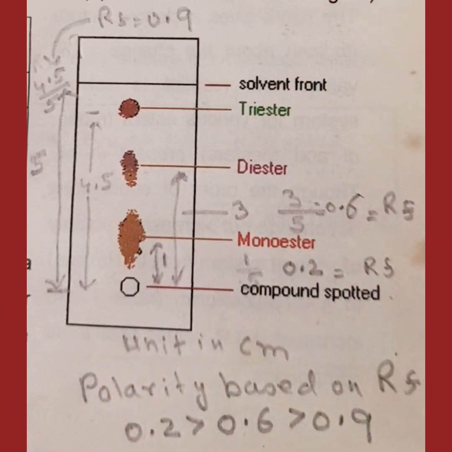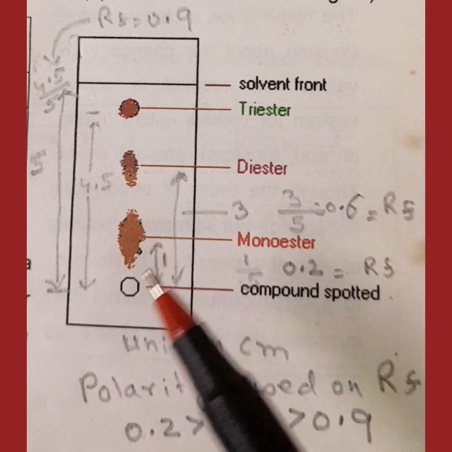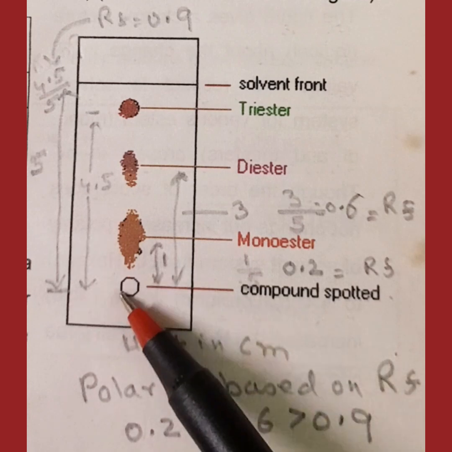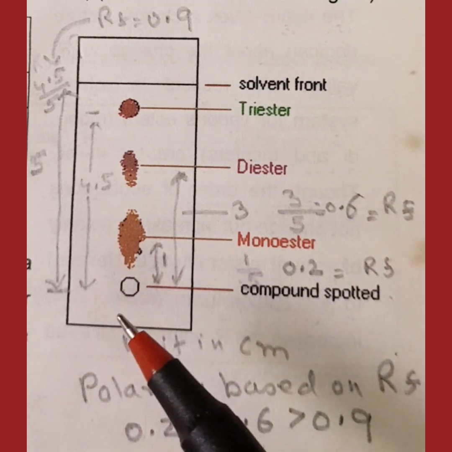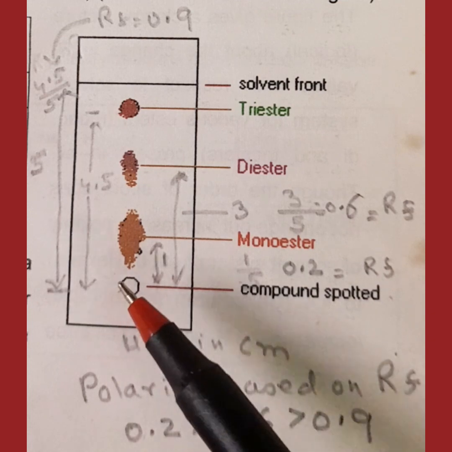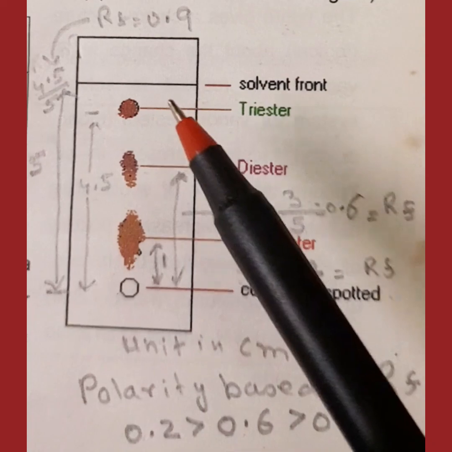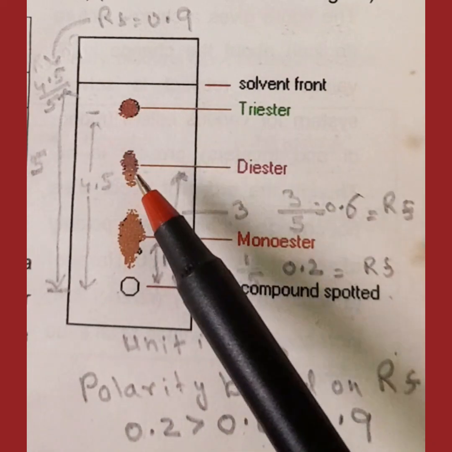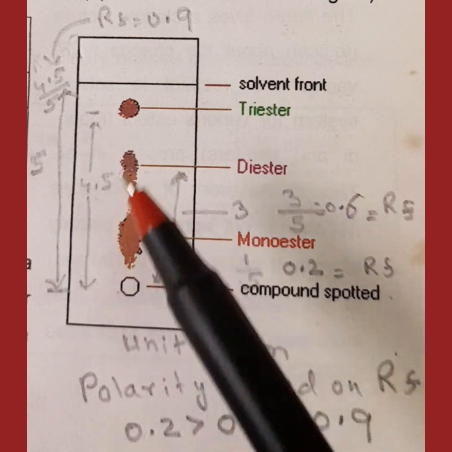Let's try and understand Rf in a broader sense. Now what happens is we spotted over here a mixture of tri, di and monoester. Now when we spot and move it on TLC, we find that the triester moves to the top, the diester here and the monoester least.